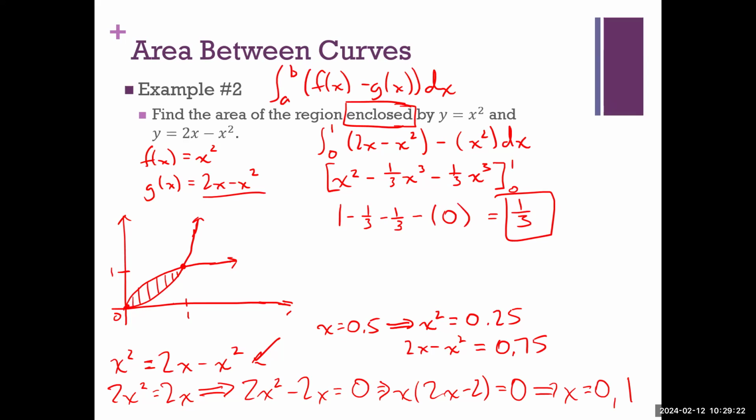Is there anything else we could have done to integrate that? If like terms combine inside the integral, you are absolutely welcome to combine them. So this would be 2x minus 2x squared. Are we convinced that would have given us the same result?